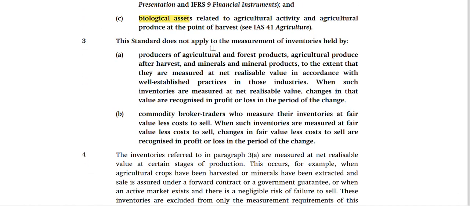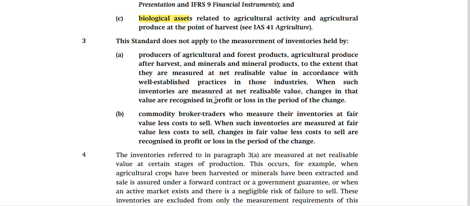This standard does not apply to the measurement of inventory held by producers of agricultural and forest products, agricultural produce after harvest, and minerals and mineral products, to the extent that they are measured at net realizable value in accordance with well-established practice in those industries.